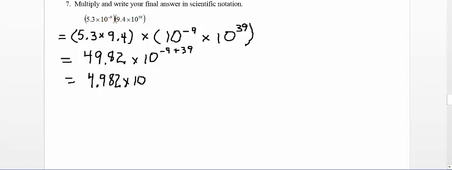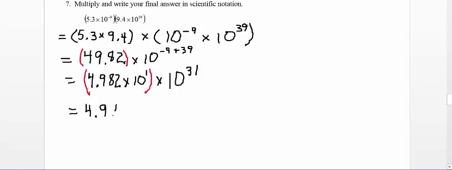Now, 49.82 is not a number between 1 and 10. So I move the decimal so that there's only one digit to the left of the decimal. But I have to account for that movement to the left by putting a power of 1 on 10 and multiplying that by the 4.982. And so 10 to the negative 9th times 10 to the 39th is 10 to the 30th.